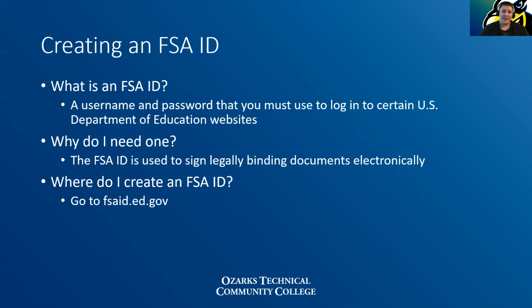The FSA ID is your verified electronic signature. So it's going to verify your identity to make sure it is really you, and you're going to use that to sign this documentation. To create an FSA ID, you'll go to fsaid.ed.gov.